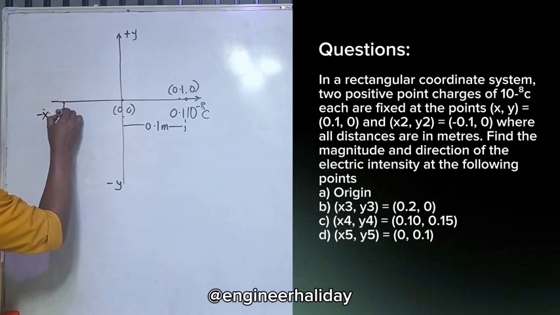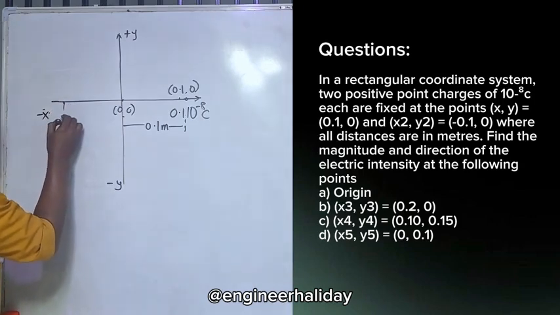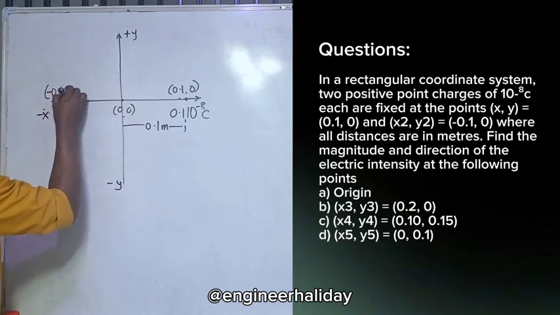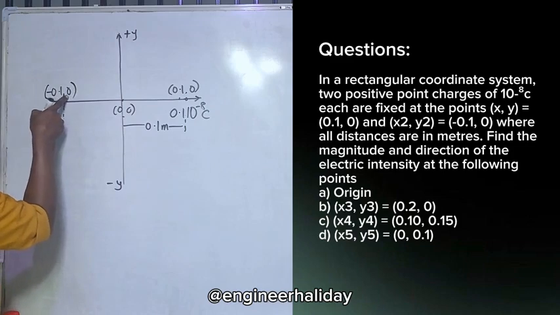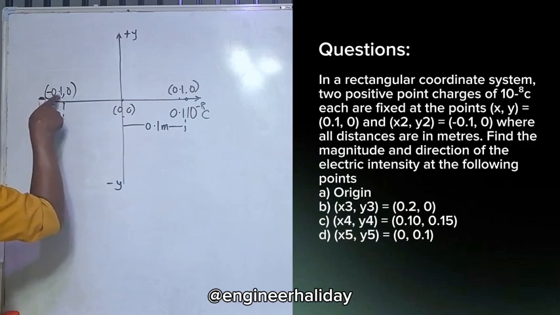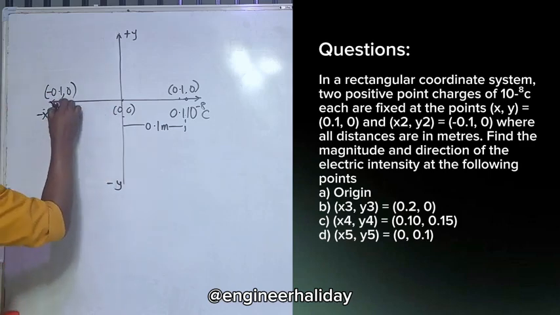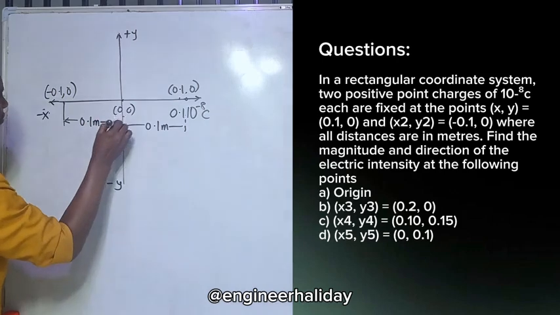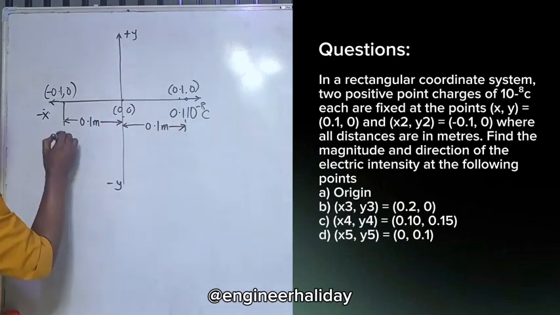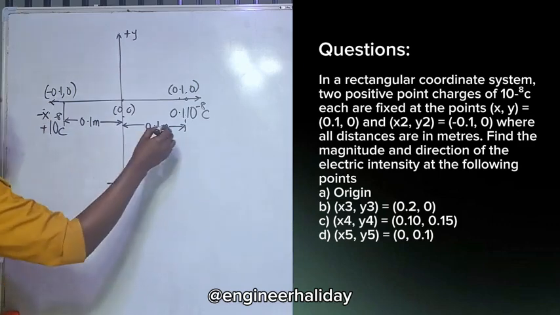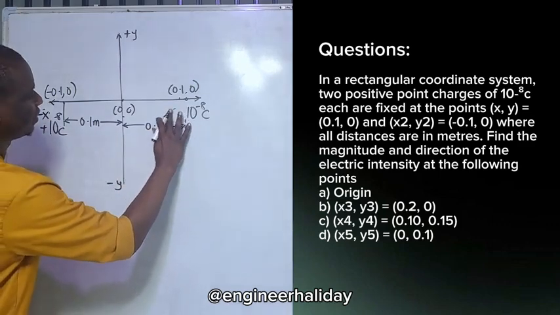If you want to plot the graph, you plot minus 0.1, 0 here, y is 0 along the x-axis. Negative 0.1 means you have to go this way. So this one is 0.1 meter, and this is 10 raised to power minus 8 coulombs again. This is plus, they say positive.